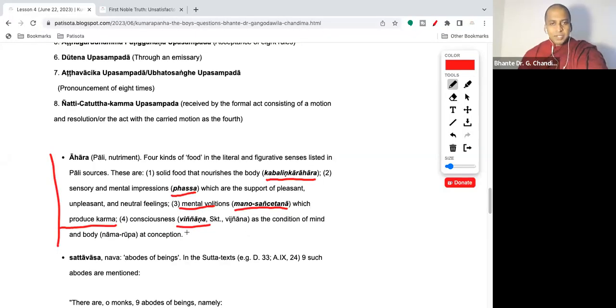The fourth one is consciousness, viññāṇa. But this consciousness is not the sensory consciousness. This consciousness is identified at the point when you were conceived in your mother's womb. Consciousness as the condition of mind and body, nāma and rūpa, and conception. How do we understand it, folks?